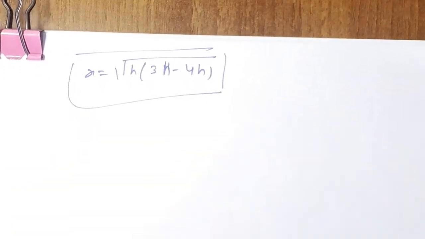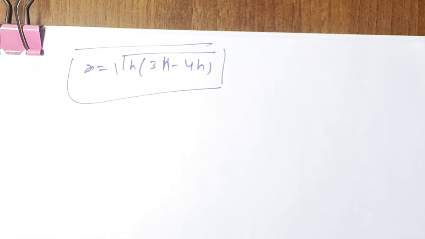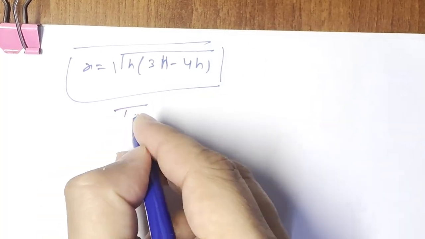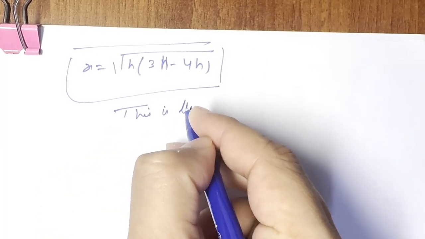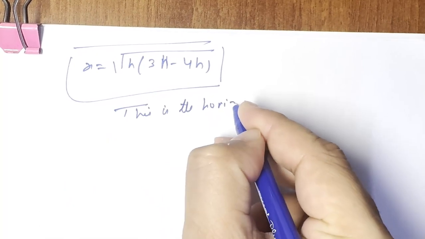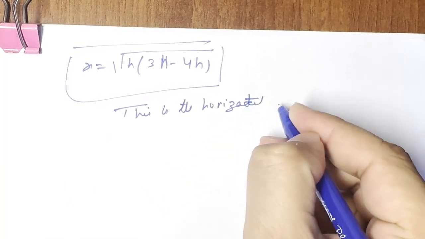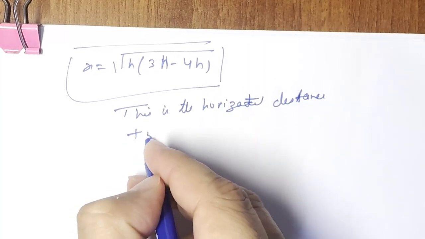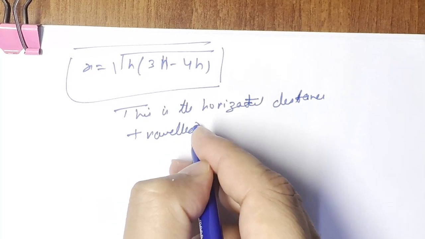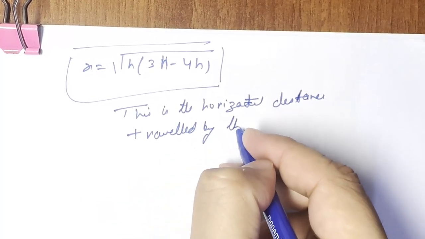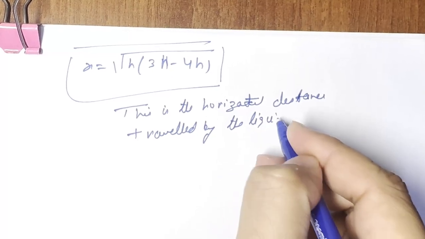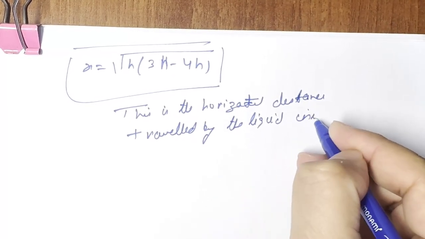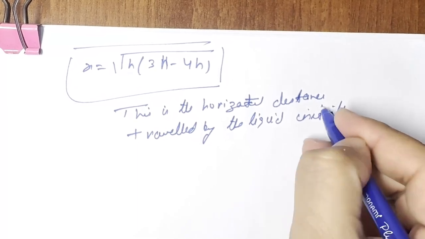So this is the horizontal distance traveled by the liquid initially.